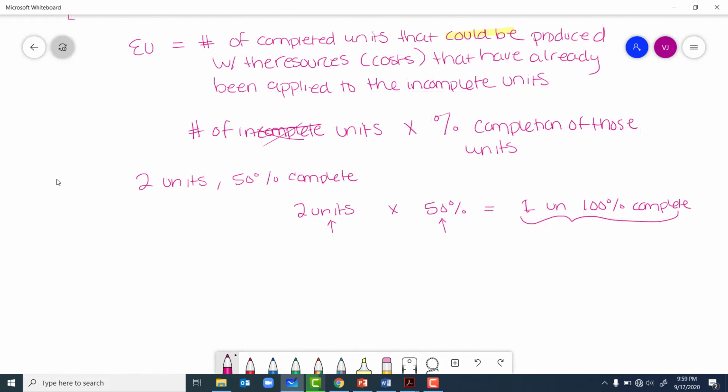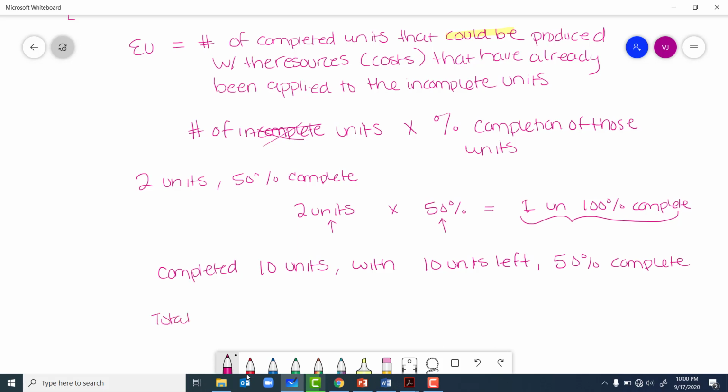Okay, so if I have, let's say for the period, we completed 10 units with, let's make that a little bit easier number, with 10 units left that are 50% complete.